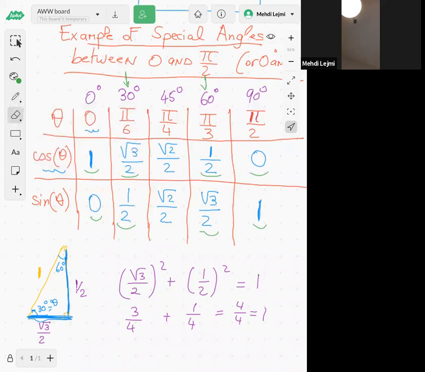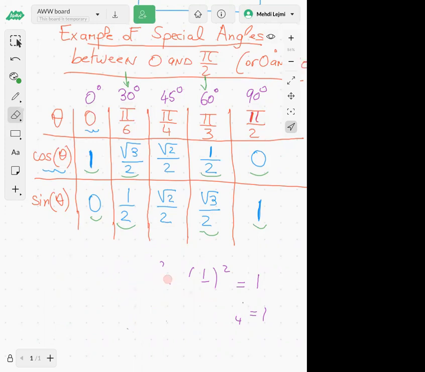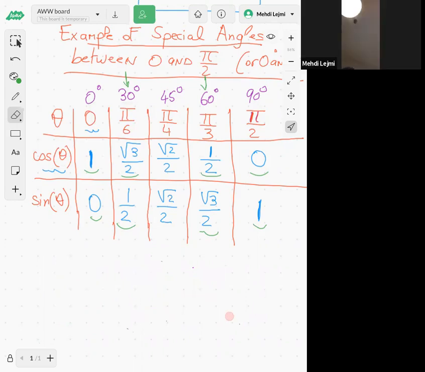So this table is very important. We're going to use this table a lot, because the goal today is to find cosine and sine for any angle. This is just for some special angles between 0 and 90 degrees.